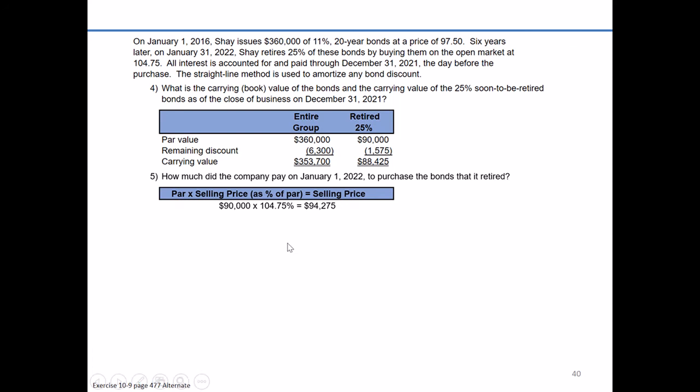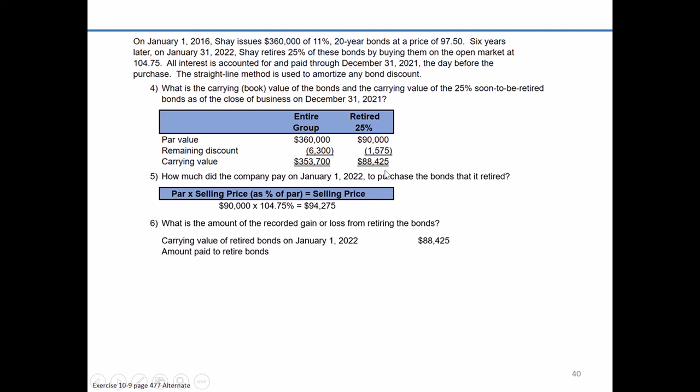So edging even closer. Now let's do a comparison between what they had to pay to retire them and what's still on the books in order to figure out the gain or loss for the company. So what's the amount of gain or loss? Well, the carrying value of the portion of the retired bonds on January 1st, 2022 is $88,425.